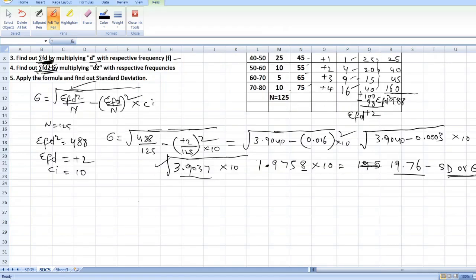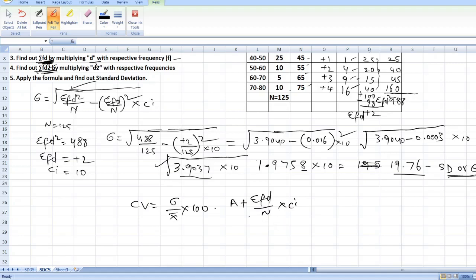What is the formula to find the coefficient of variation? CV is equal to standard deviation divided by arithmetic mean into 100. To find the arithmetic mean, the formula in continuous series is A plus summation fd by n into class interval.